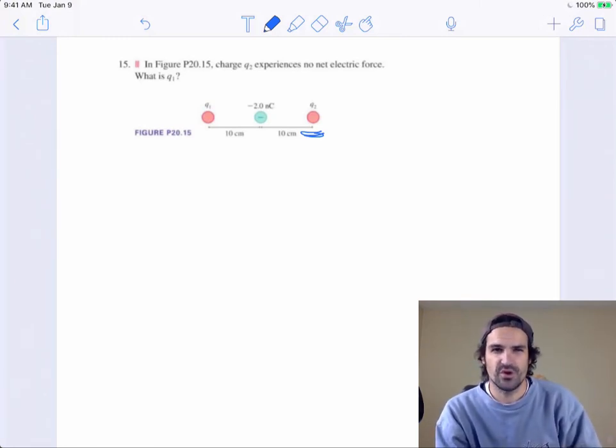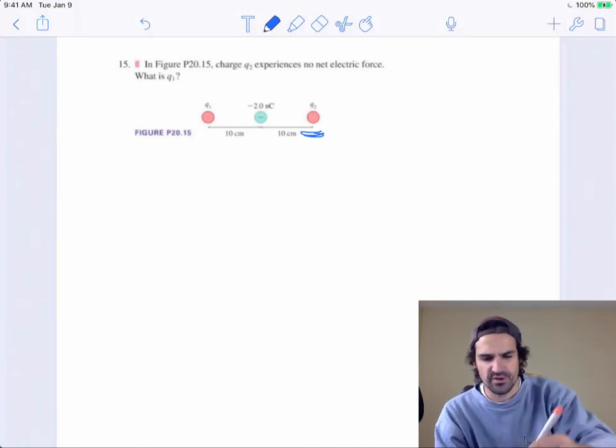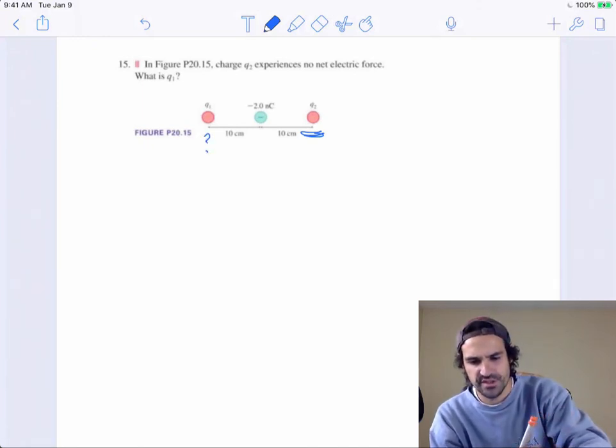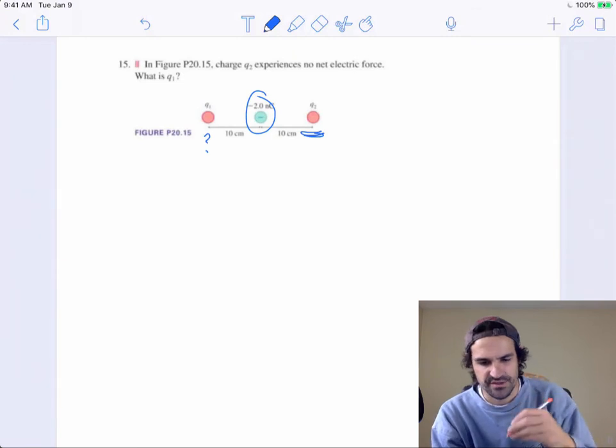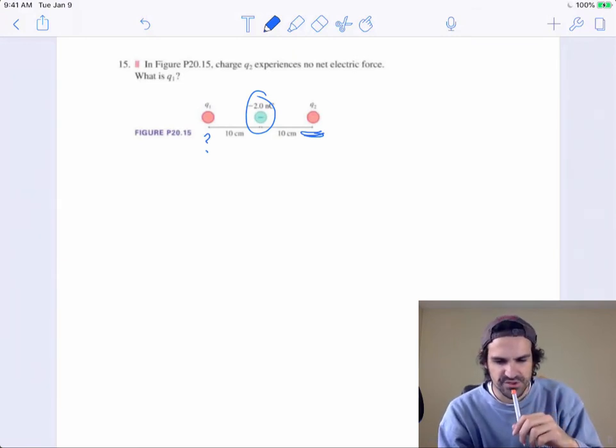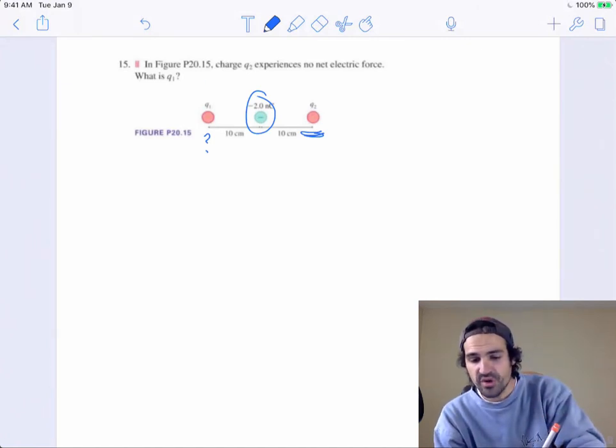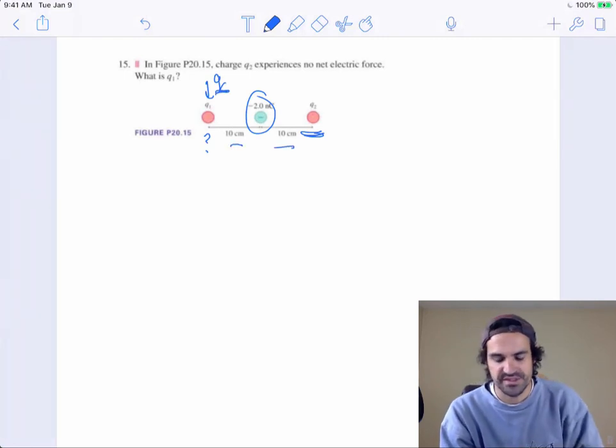So first of all, we're trying to figure out what charge 1 is. If this is negative and Q2 experiences no net electrical force, what we found from the last problem, this one's going to have a larger charge value at twice the distance, right?